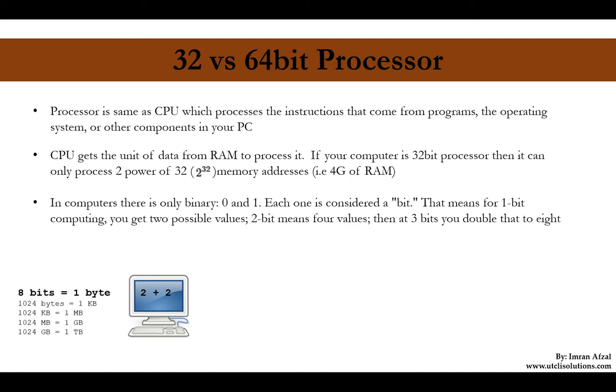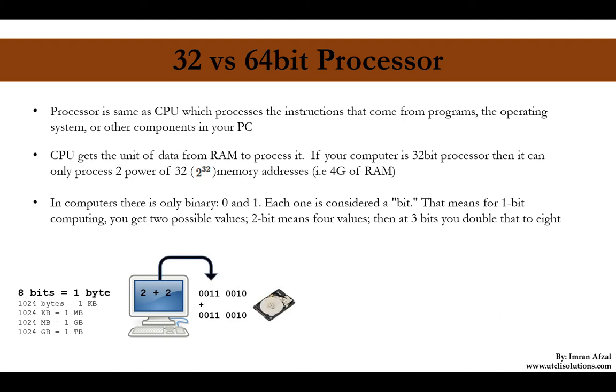Now, there's one thing we do need to understand: there are 8 bits in 1 byte, and 1024 bytes in 1 kilobyte. 1024 kilobytes equal 1 meg, 1024 meg equal 1 gig, and so on. Now, going back to 8 bits to 1 byte, 2 has 8 bits, another 2 has 8 bits.